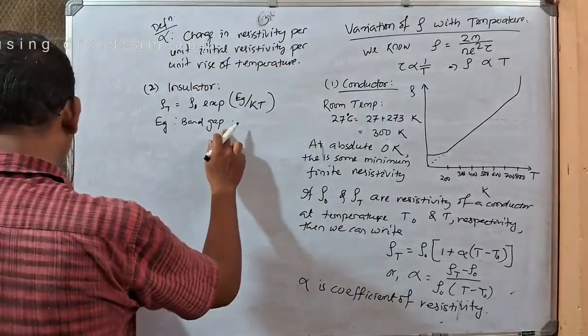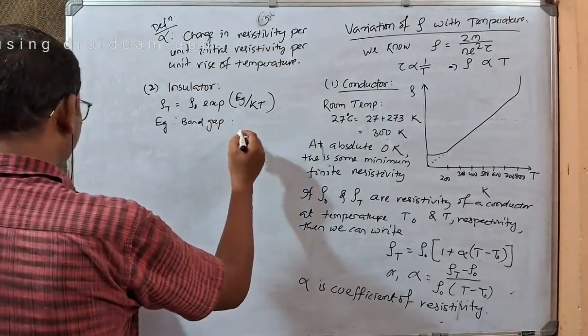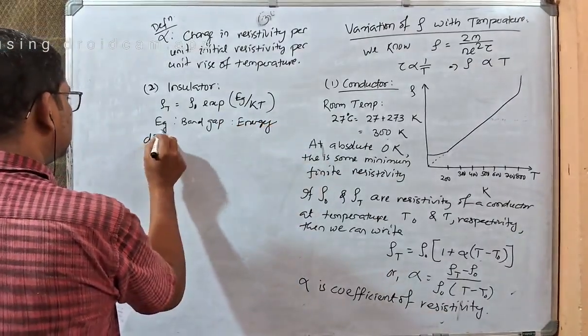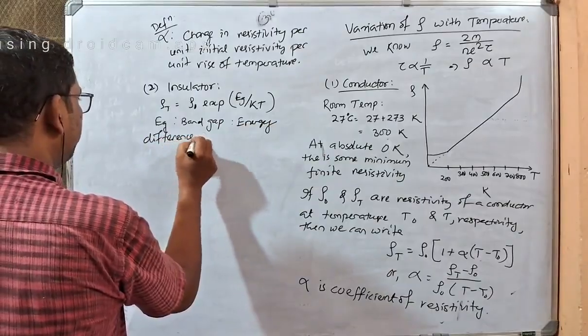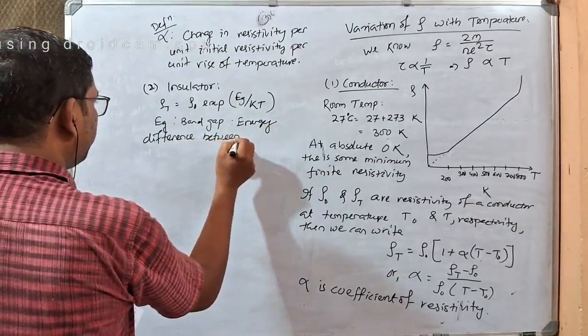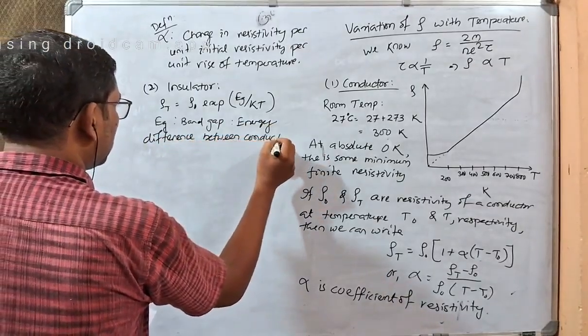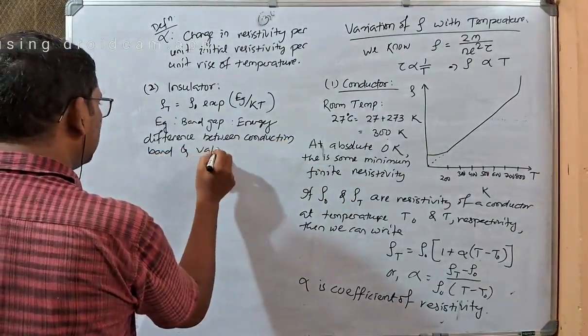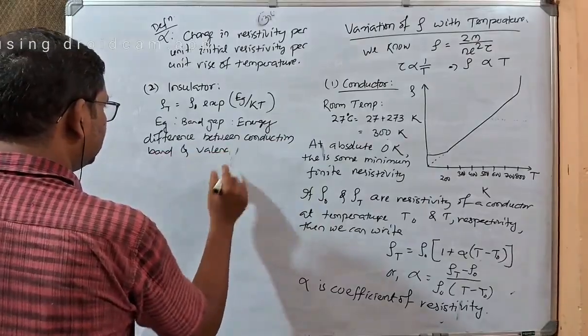So band gap is the energy difference between the conduction band and the valence band.